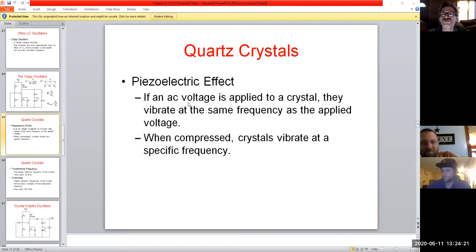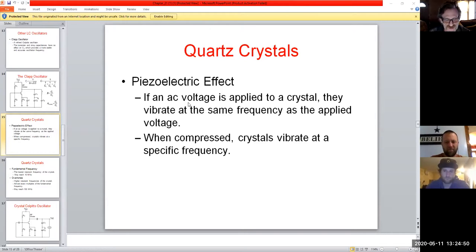Now, quartz crystals, they're real cheap, they're real easy. If we apply a given voltage to a quartz crystal, it starts to vibrate at a particular frequency. So I know if I take this particular quartz crystal, plop it in, and give it an applied voltage, I'm going to get an oscillation out of it. And it's going to be dead on, and it's going to stay that way.